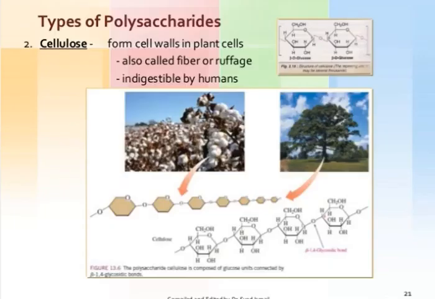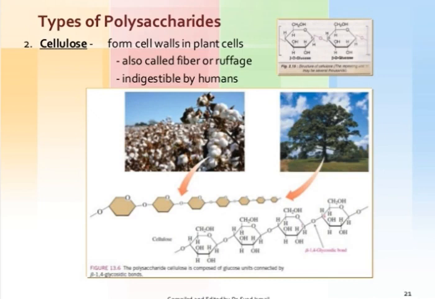Then types of polysaccharides: cellulose. It is the most abundant extracellular structural polysaccharide of the plant kingdom. It occurs in the cell walls of plants. It occurs in nearly pure form in cotton, 94%.